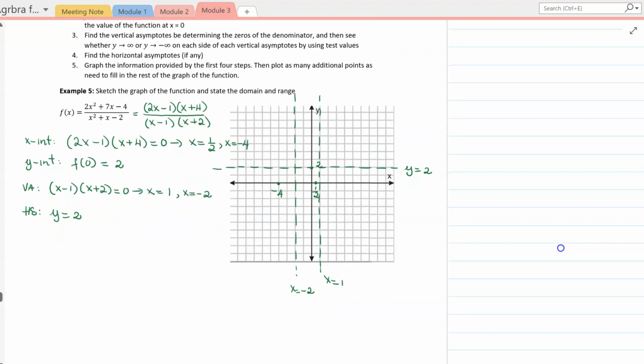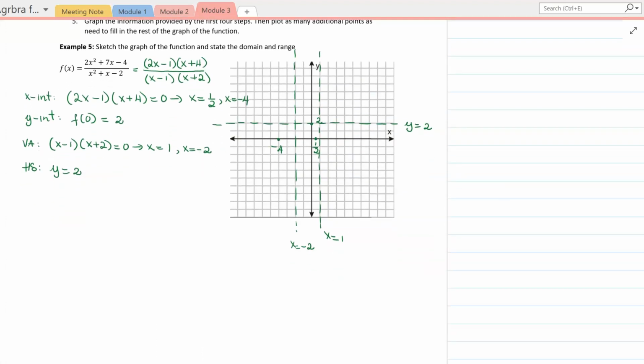So let's take a look at our table of values and let's talk about the behavior of the vertical asymptote and horizontal asymptote. To do that, we make a table of values of some sort.